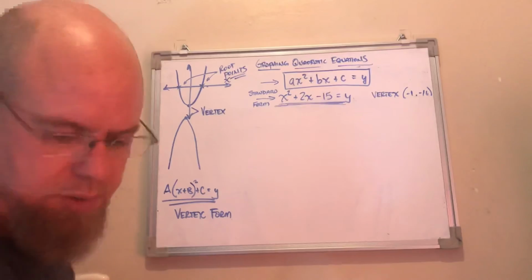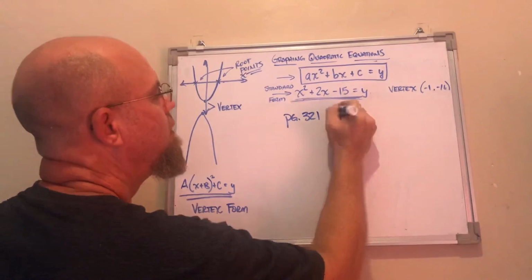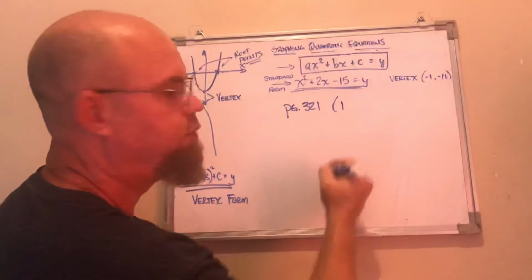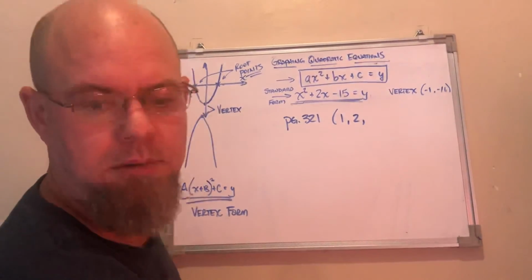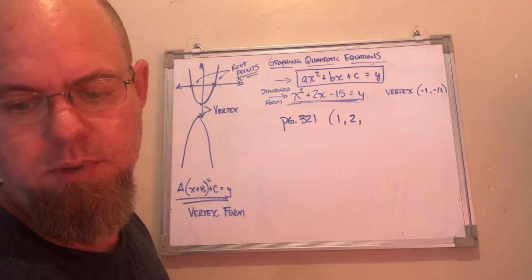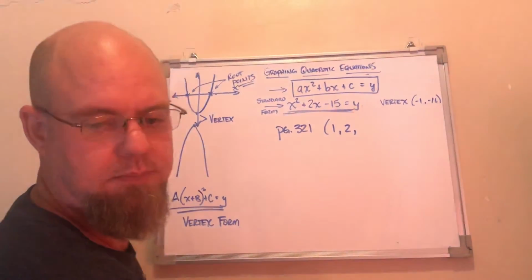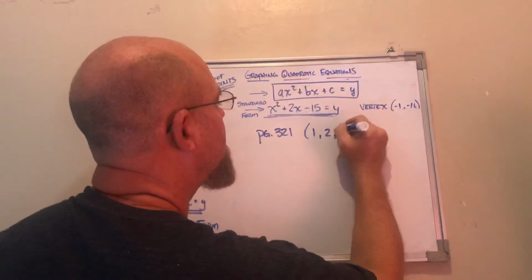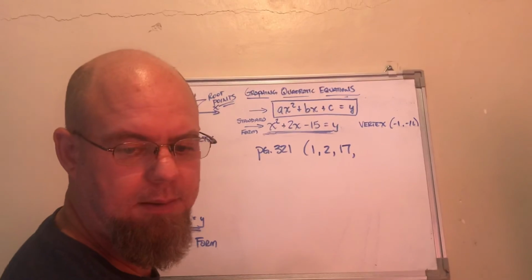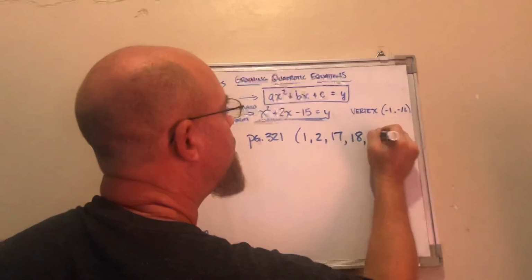So what I want you to do is on page 321, numbers 1, 2, 17, 18, and 20.